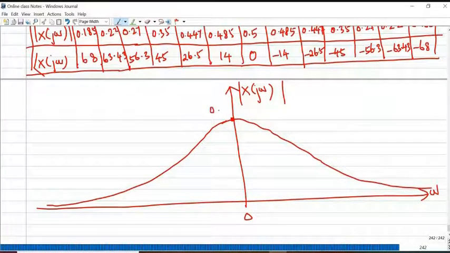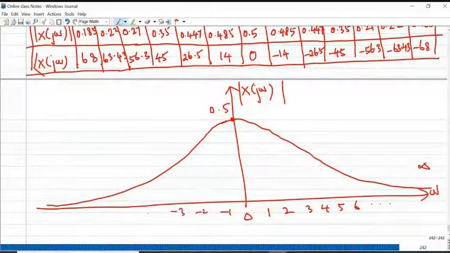This is 0.5. 1, 2, 3, 4, 5, 6, and so on up to infinity. Minus 1, minus 2, minus 3, minus 4, up to infinity. Okay.